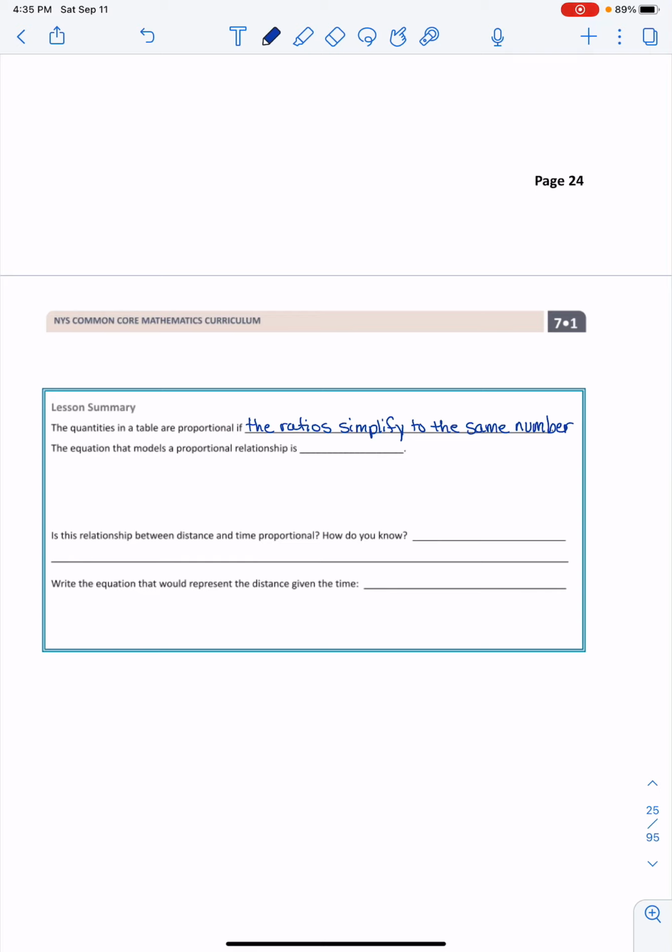The equation that models a proportional relationship is y equals kx.